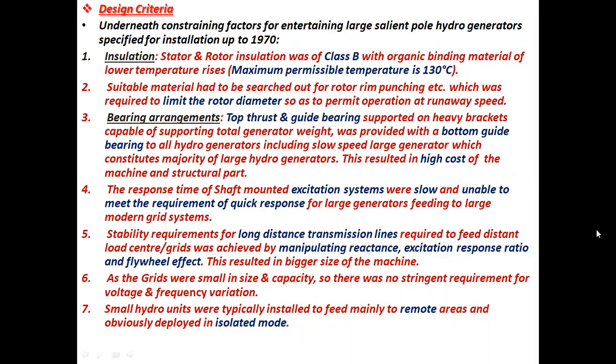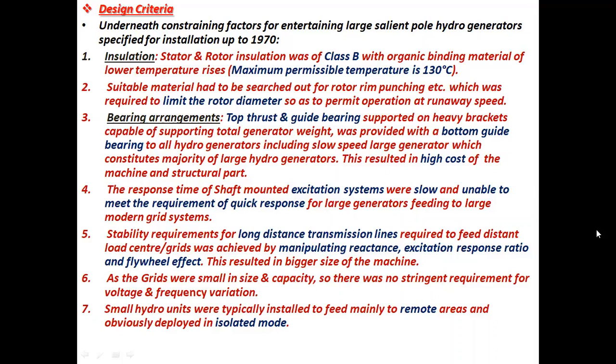Number 5, stability requirements for long distance transmission lines required to feed distant load centers or grids was achieved by manipulating reactance, excitation, response ratio, and flywheel effect. This resulted in bigger size of the machine.